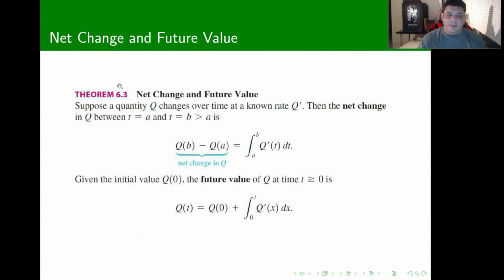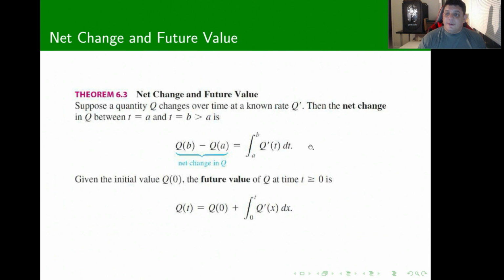So if a quantity Q, which can represent anything, changes over time at a certain rate Q prime, then the net change is given by the fundamental theorem of calculus. The integral from a to b of Q prime is Q of b minus Q of a, which is the net change of Q on those particular values.